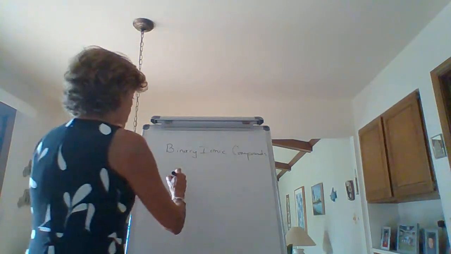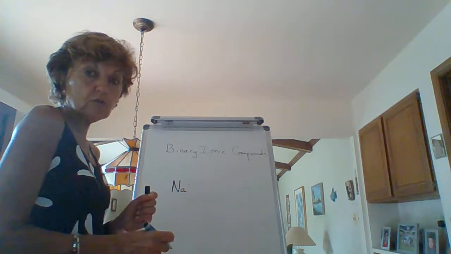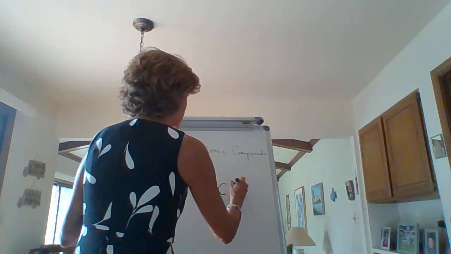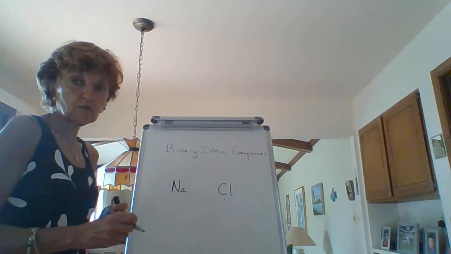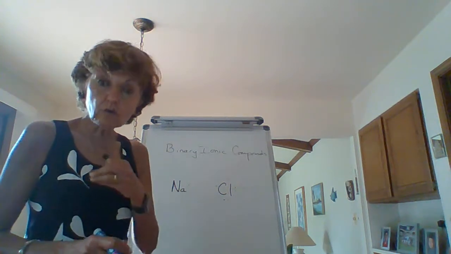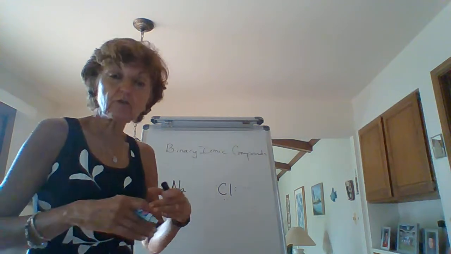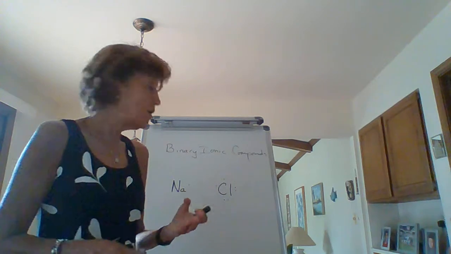We have a sodium atom with one valence electron. And then we have a chlorine atom with 7 valence electrons. All right, remember the octet rule. Sodium wants to lose one electron so it could have an octet, go down to the second shell and have an octet and look just like neon.